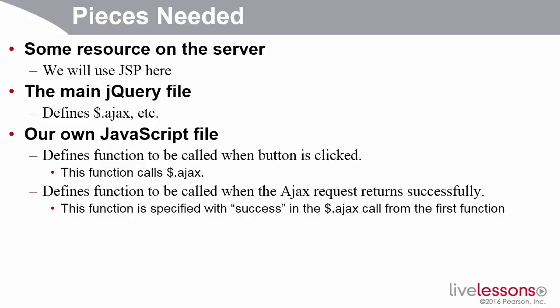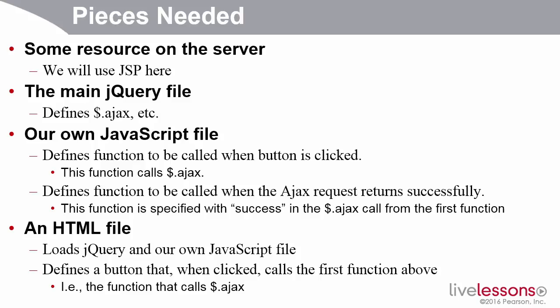First, a function that's attached to the button, and that function will call $.ajax, just like we did interactively. But $.ajax uses the success option, and the success option is a function. So we have to define a second function, the function that will be invoked when the AJAX request comes back successfully. And then we need an HTML file to kind of hook everything together.